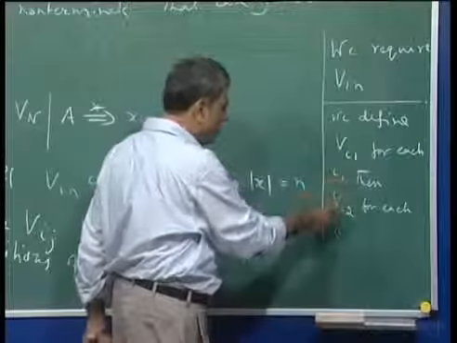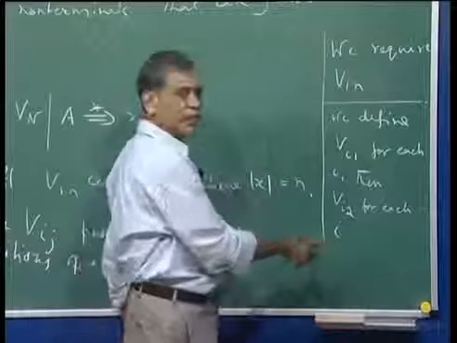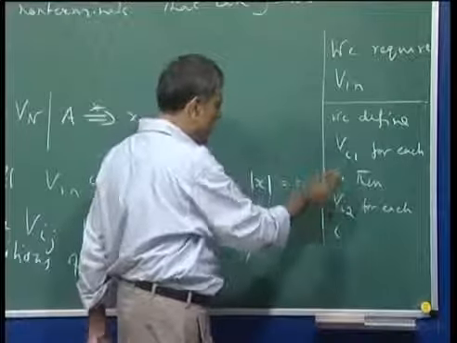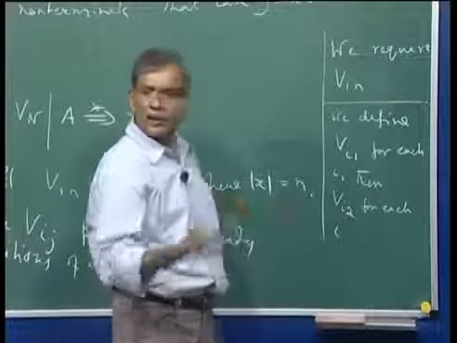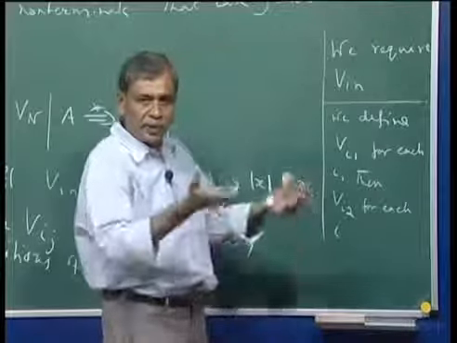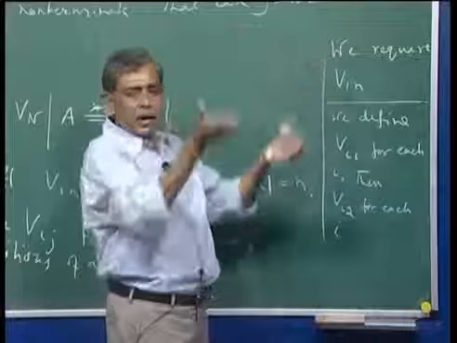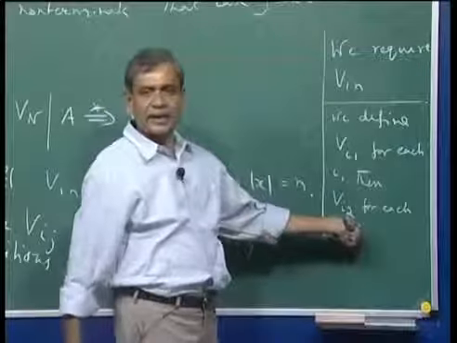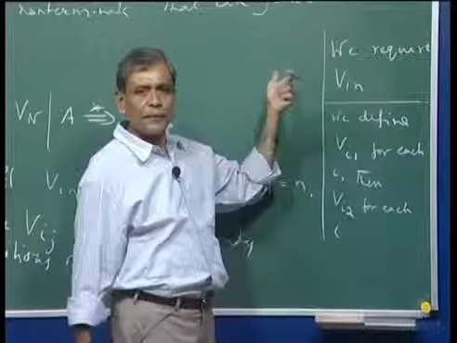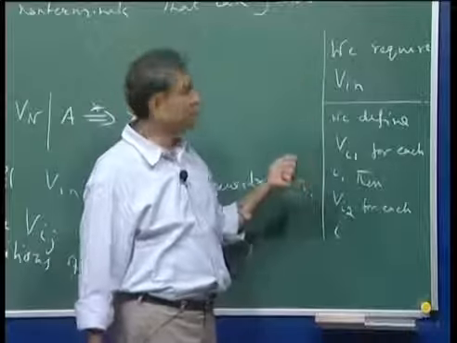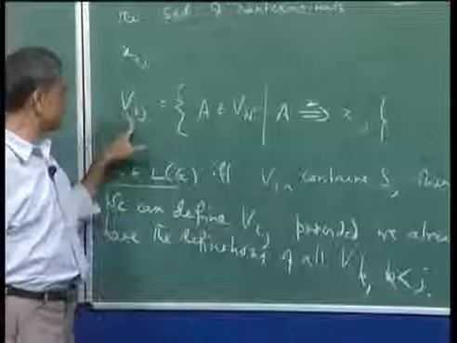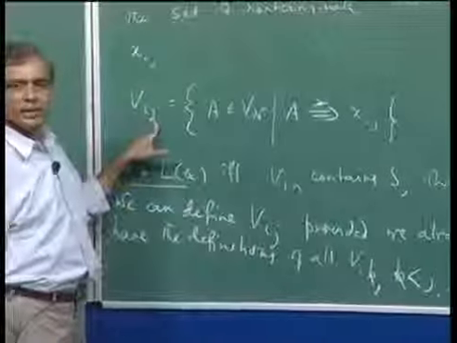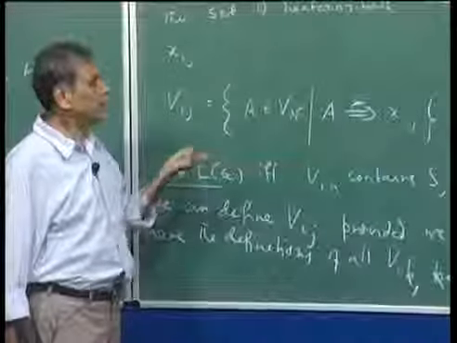From Vi1 and Vi2, I will be able to determine Vi3. From Vi1, Vi2, Vi3, I will be able to determine Vi4 and so on. This way we keep building upwards for this index, and finally we will be able to determine this set when j is n, and then we are through, right?